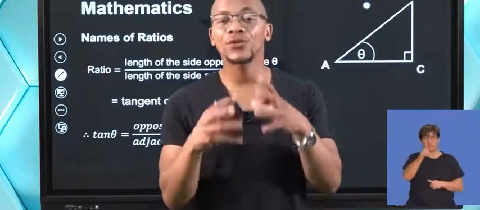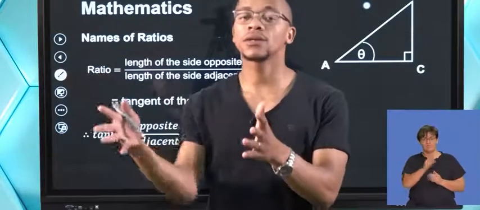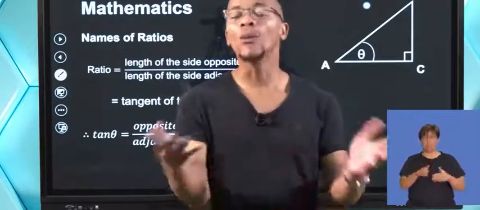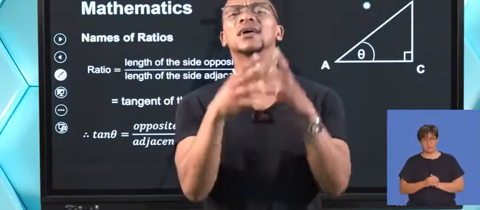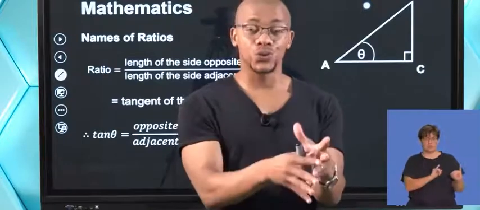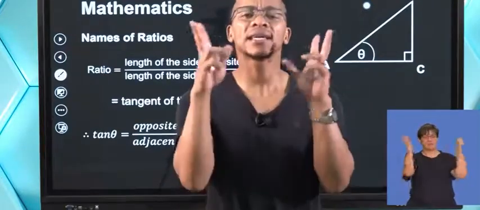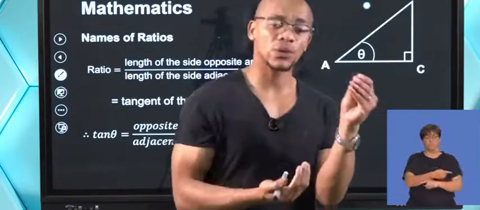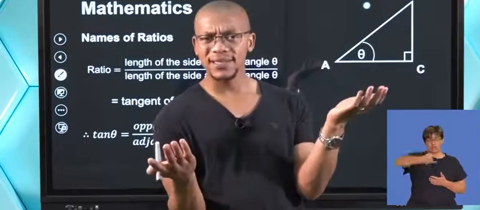Now, the big thing about these three ratios that I've given you so far is that these are the main ratios that you're going to be using from now going forward in your mathematics career, if you pursue more maths in the upcoming years. So, we're going to also introduce the opposite of this, which we will give a special name. If it's no longer opposite over adjacent and it's adjacent over opposite, what is that?